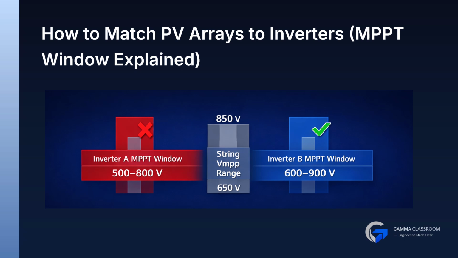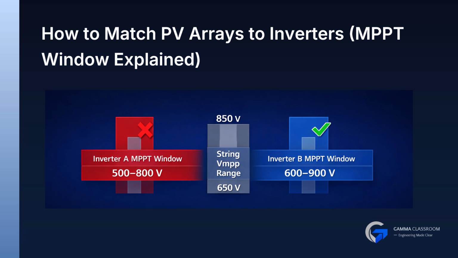This diagram compares the string maximum power point voltage range from 650 V to 850 V against two inverter MPPT windows.